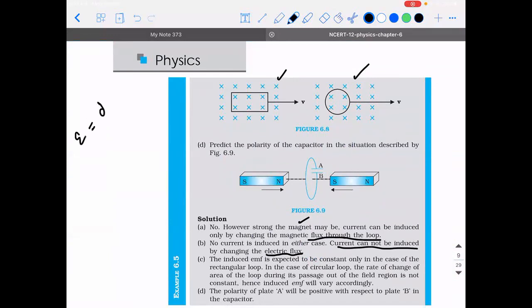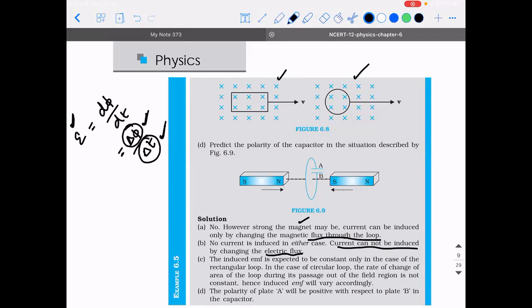EMF is equal to d phi by dt in terms of magnitude, or I can write delta phi by delta t. So the EMF will be constant if the change in flux is constant for a given amount of time. Means at every second, there is a constant change of flux taking place. Yes, you can say that the EMF is going to be constant. Correct?